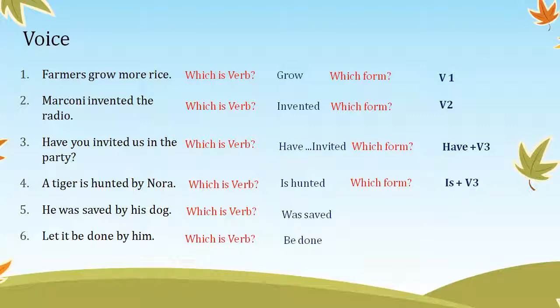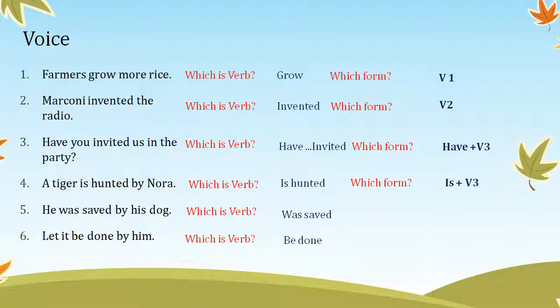Try to understand what I'm telling you. Am, is, are, was, were, be, being, been: this is the be verb and B3 form. That is why it is passive voice. This is active, have plus B3. But this is passive, because there is B3 form and before it there is a be verb.